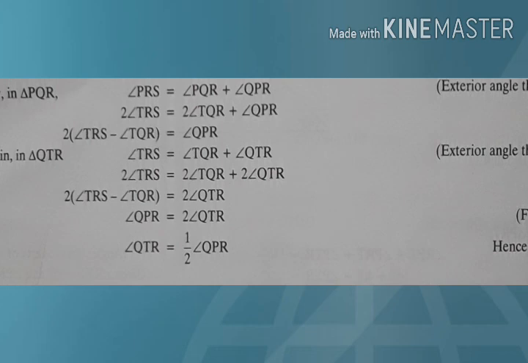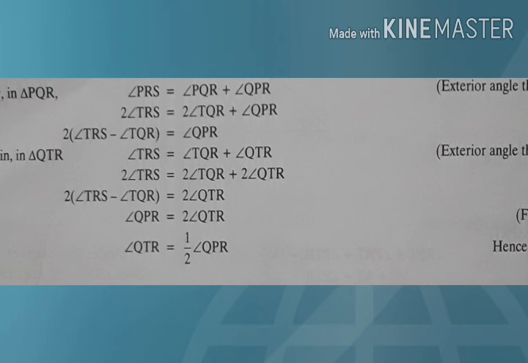Angle P and angle PQR are the remote interior angles. So by the exterior angle theorem, we get angle PRS equals angle PQR plus angle QPR. That angle QPR we can just call angle P because it is not divided.